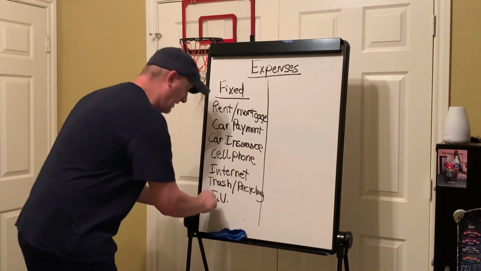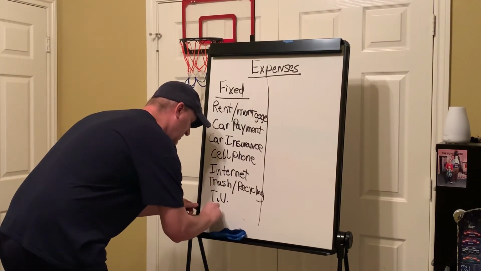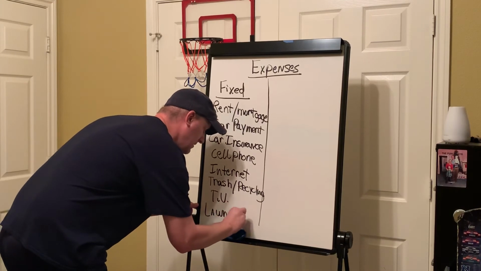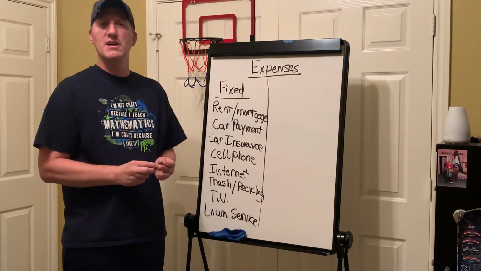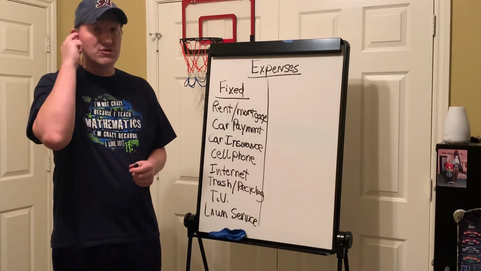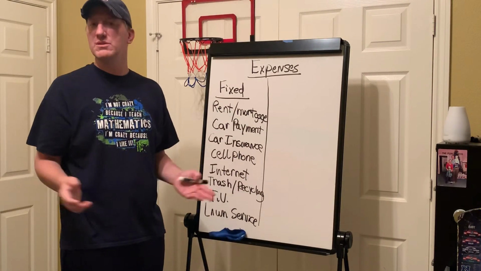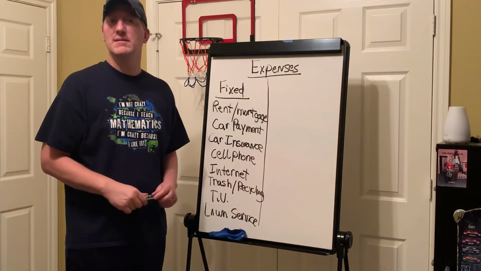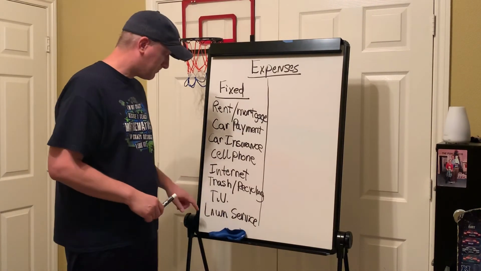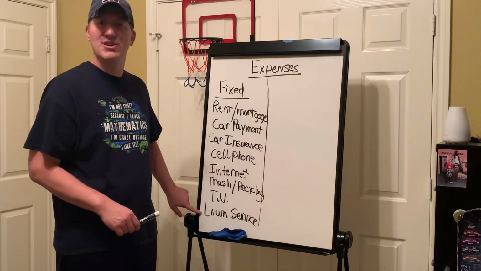And then if you have a lawn service, so if you have someone mow your lawn or trim your trees or do anything like that, it's one payment. So my neighbor has her lawn done.